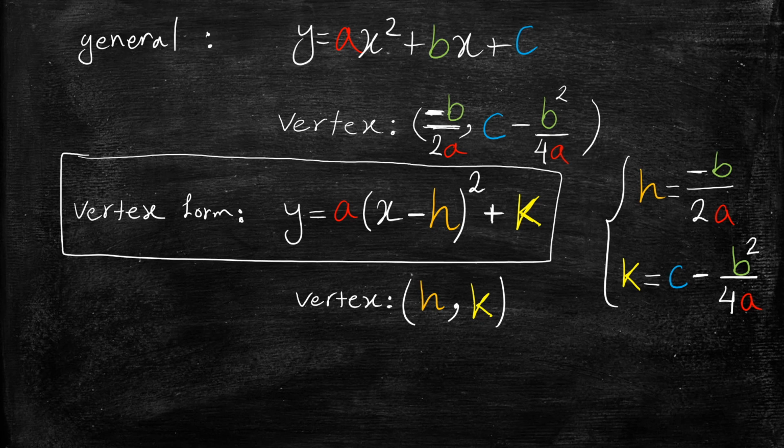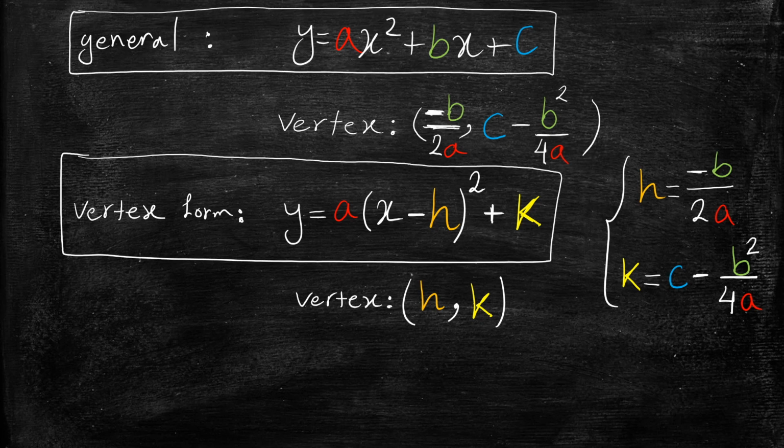Nice. So that means if you're given the general form of the quadratic equation, you can find h and k using these formulas. h equals minus b over 2a, k equals c minus b squared over 4a. And then use h and k and a to write the vertex form, which is y equals a times x minus h to the power of 2 plus k. So you can convert it.